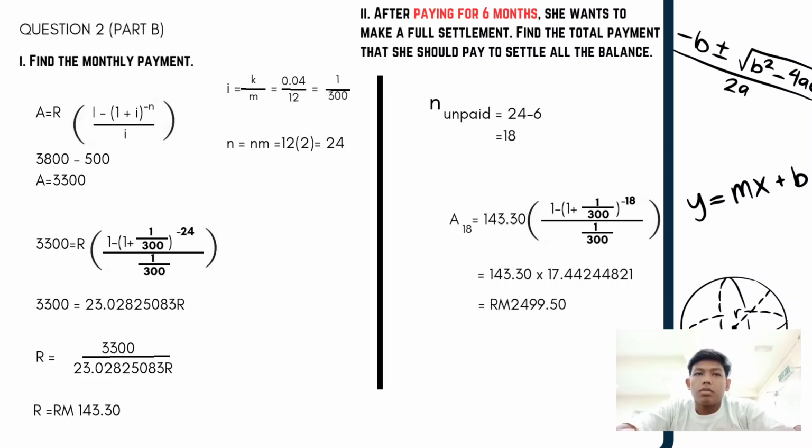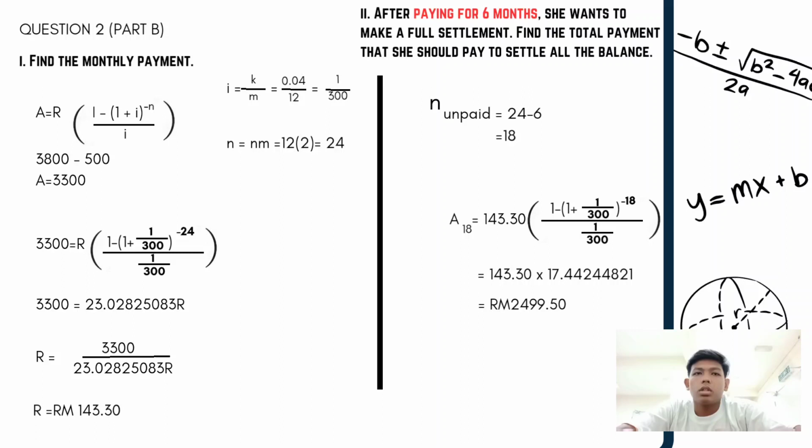The formula to find i is k over m, so it will be 0.04 over 12 and we get 1/300. Next, we need to find n, which is m multiplied by t, so it will be 12 multiplied by 2, so the answer is 24. Transfer all the information to this formula.